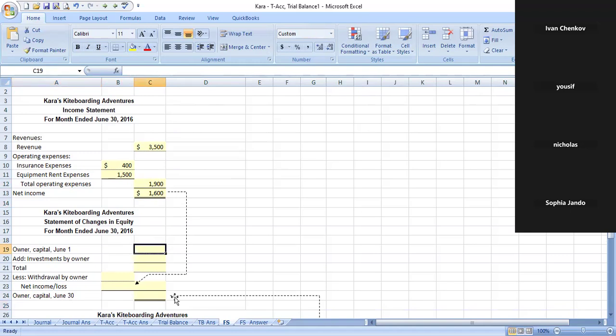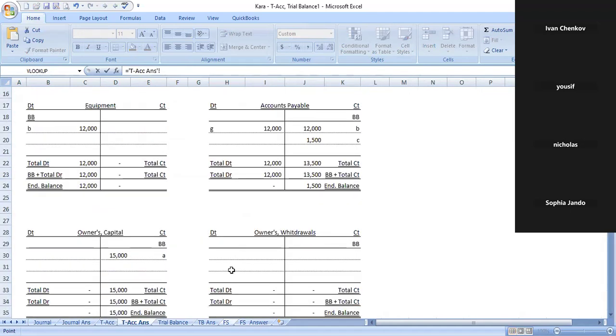So, owner's capital on June 1st. How much was the owner's capital on June 1st, before the company started? It was zero, yes. Then the owner invested. How much did the owner invest?